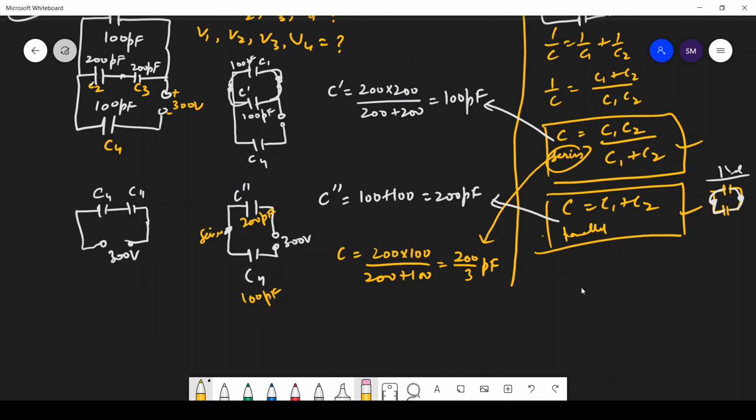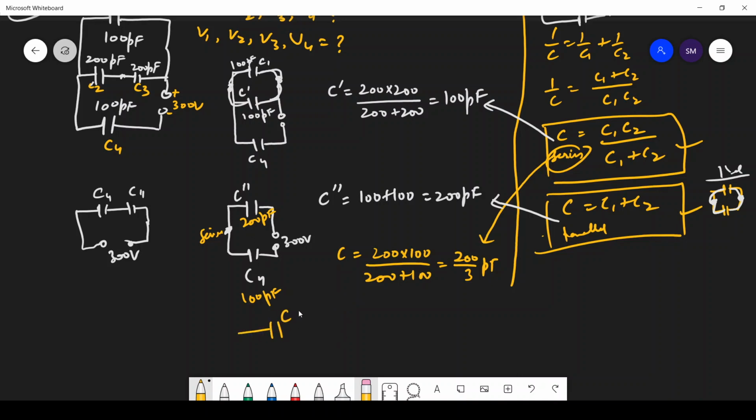Now this is the capacitance, and for this capacitance you are applying the voltage of 300 volt. So what will be the charge on each of the plates? Let me tell you, this means now you have one capacitor.